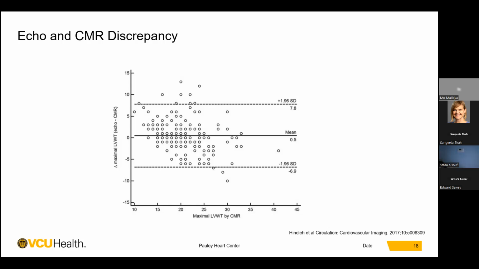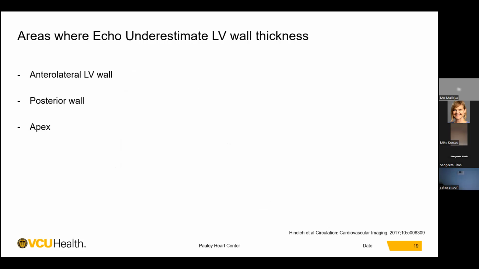It shows that echo can really under- or overestimate your relative wall thickness and degree of hypertrophy. And this can impact our management and further consideration of our HCM patients.